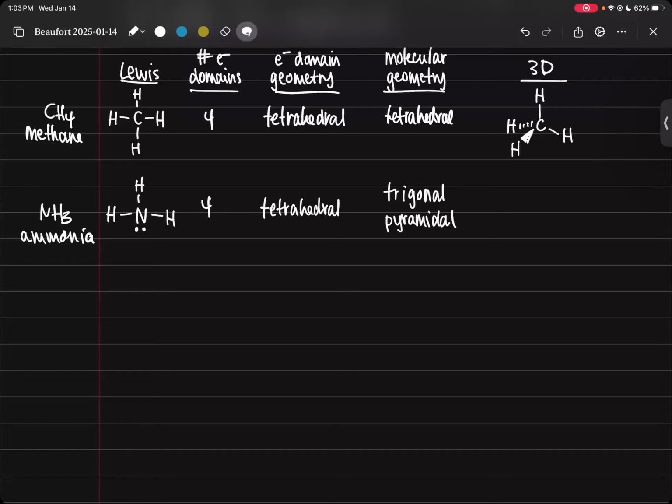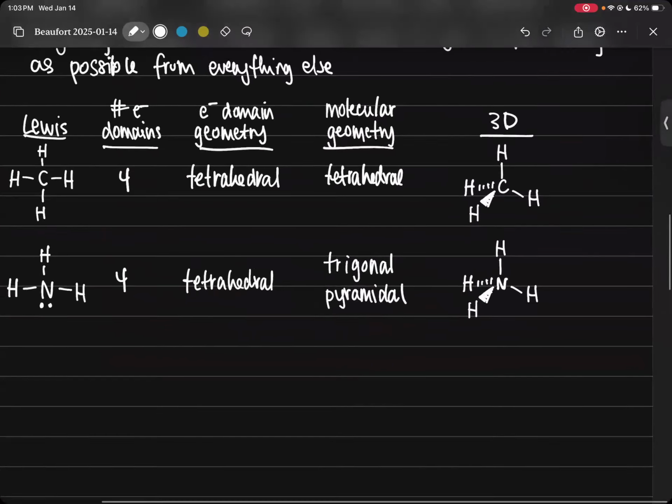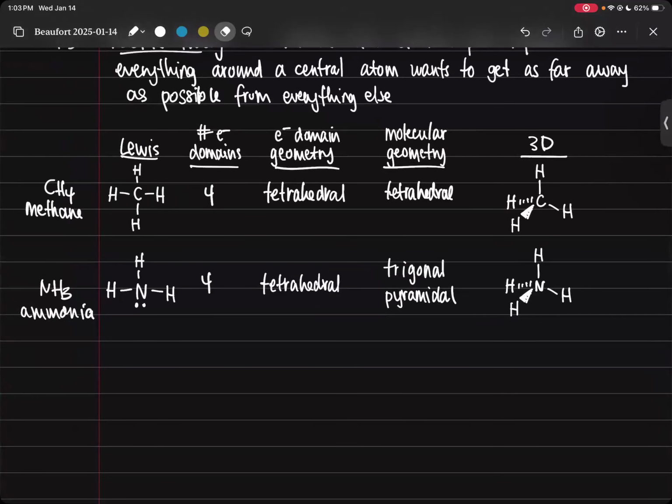And so I'm going to cheat and copy this. So how do we turn this into ammonia? Well, obviously we got to replace the carbon with a nitrogen. And then all we do is remove one of the hydrogen atoms and put our lone pair.